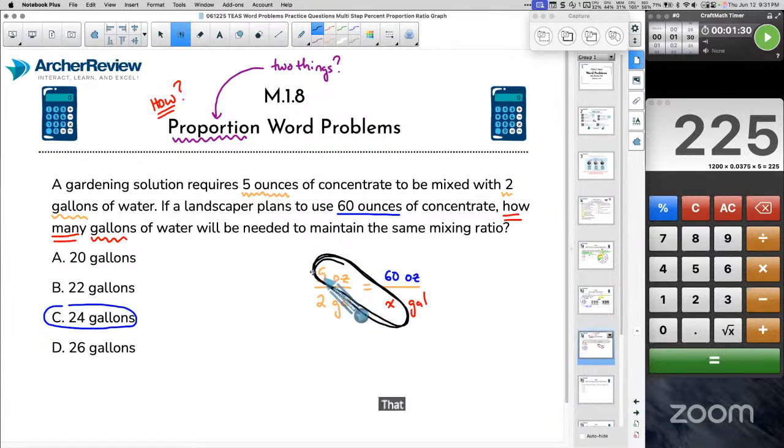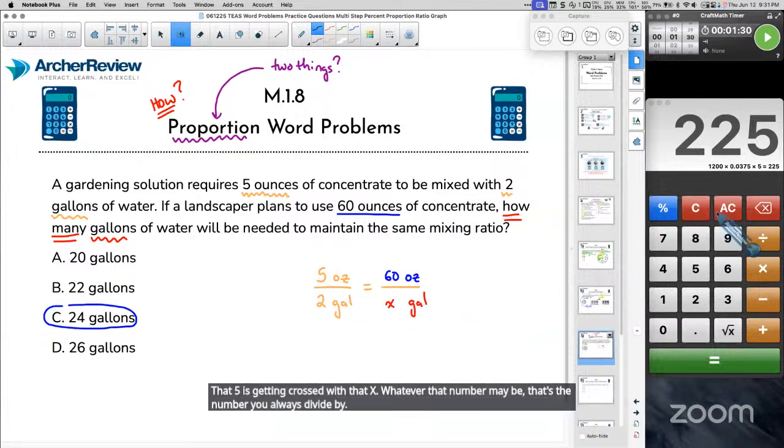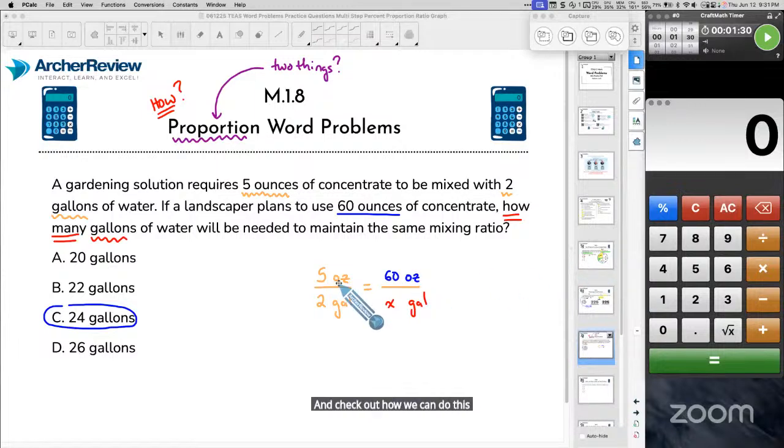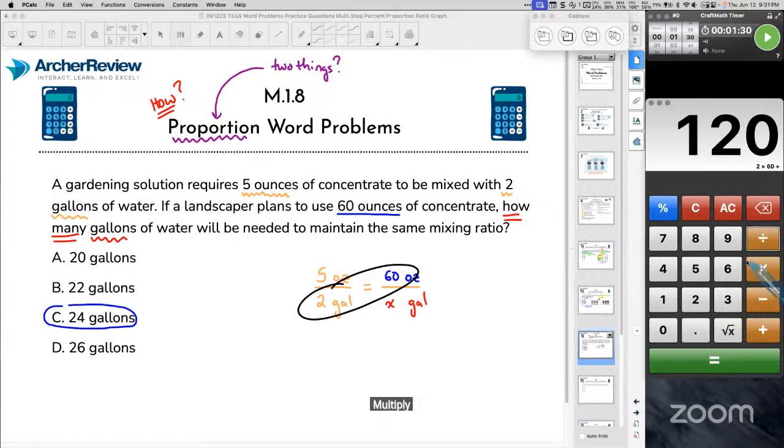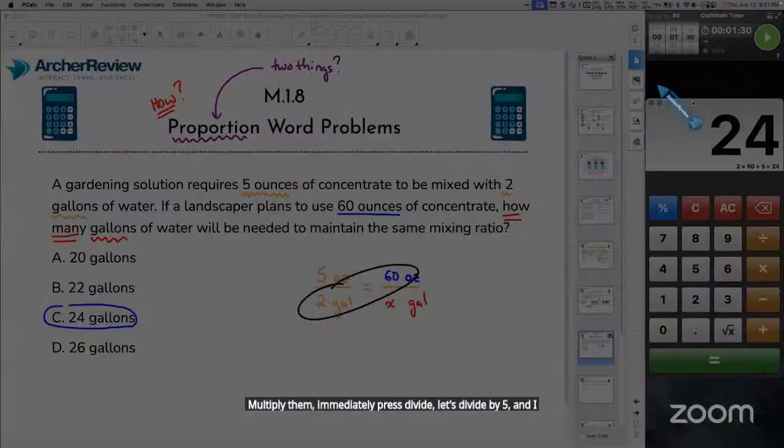That 5 is getting crossed with that x. Whatever that number may be, that's the number you always divide by. And check out how we can do this all at once. I'm going to multiply those two, I'm not even going to press equals. Multiply them, immediately press divide. Let's divide by 5, and I'm pressing equals one time.